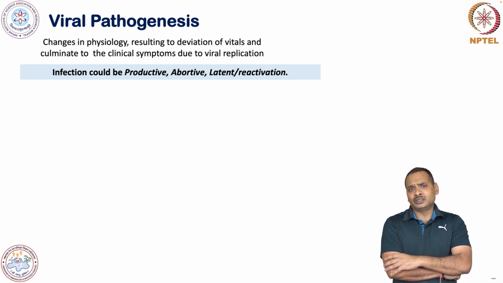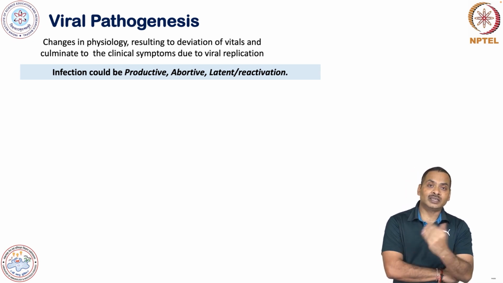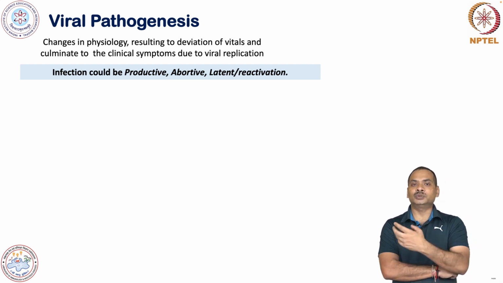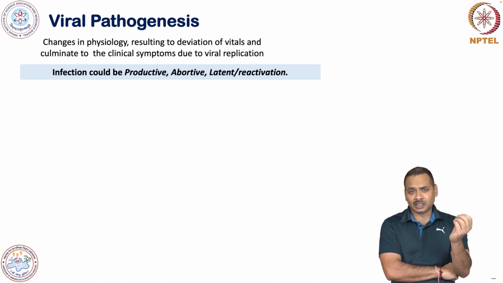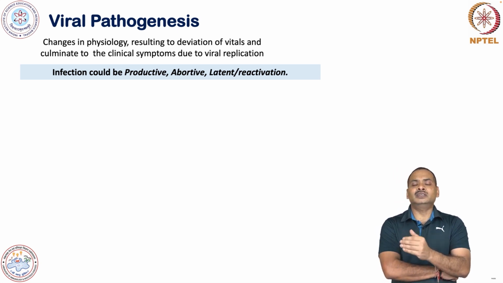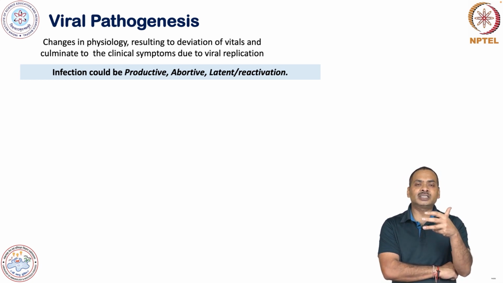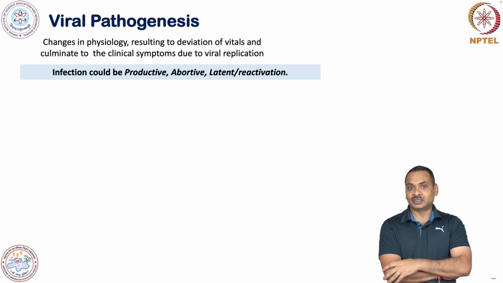So, there are a variety of kinds of infection. Infection, as I told you, is just the transfer of genome into the cell. When this transfer of genome takes place, the cell has mainly three kinds of responses, or this genome will cause three kinds of effects.